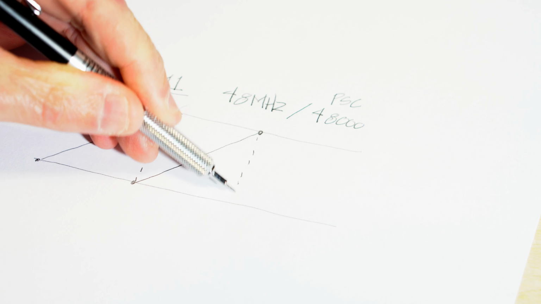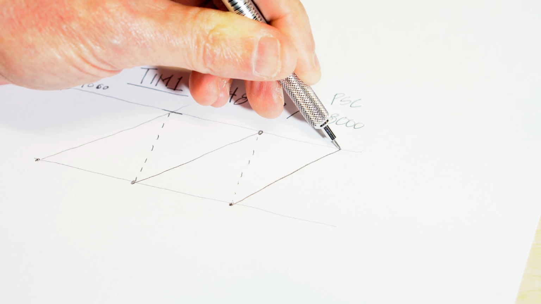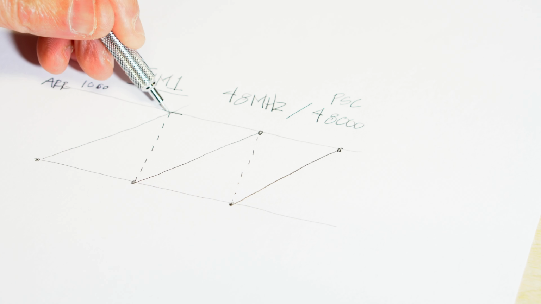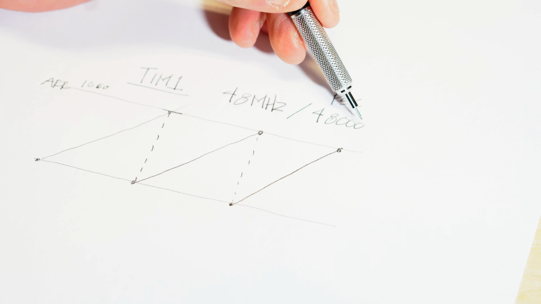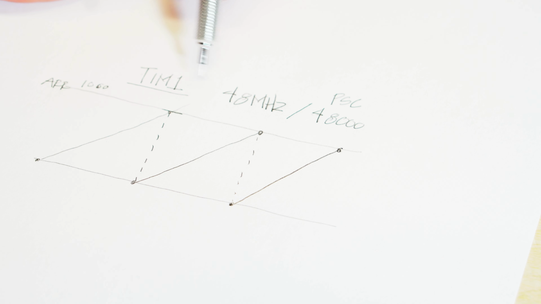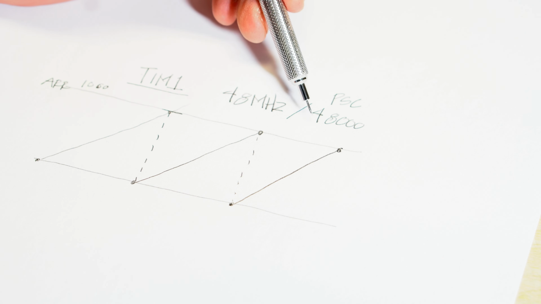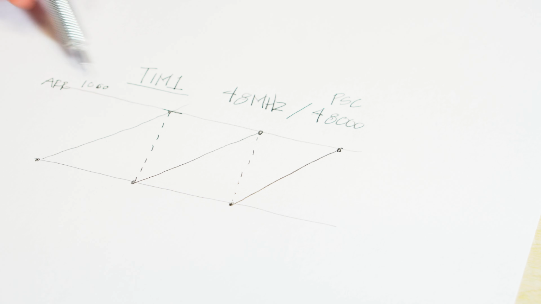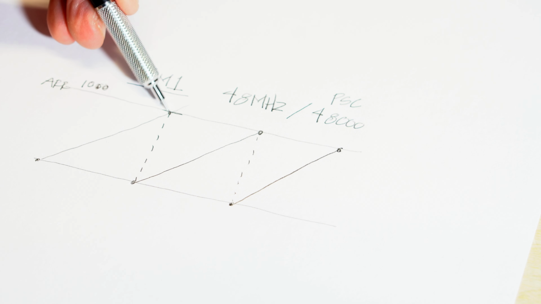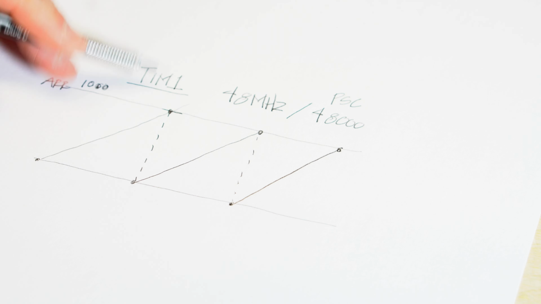And then it will count up again until it reaches 1,000, and then drop back down to 0. It'll count up again to 1,000. So at each 1,000, because we divided it by 48,000 at 48 megahertz, the timer 1 is counting at 1,000 pulses per second. If we have a top value of 1,000, then we should get this trigger every second. So let's go ahead and try that out.